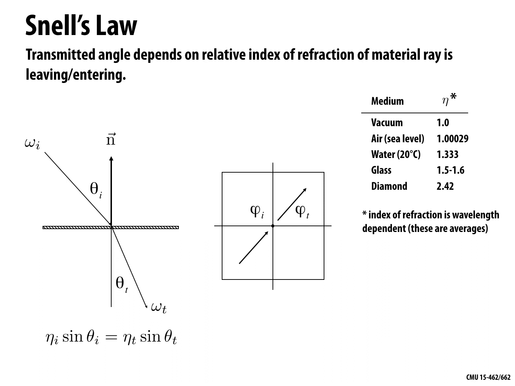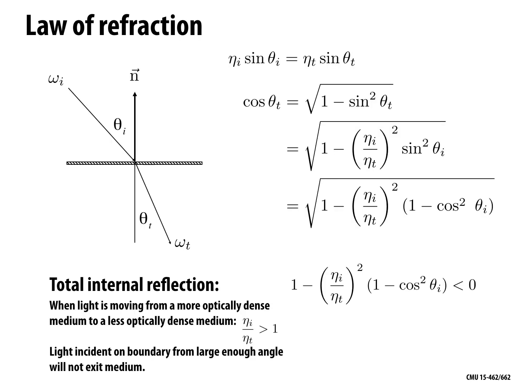Now, an important thing to realize is though we keep drawing these pictures of light getting transmitted and passing through a surface, Snell's law actually tells us that something else can happen.